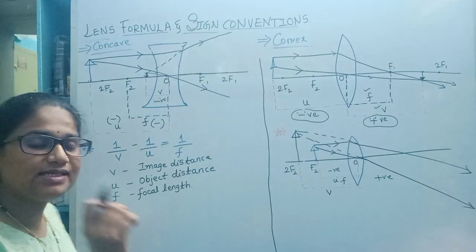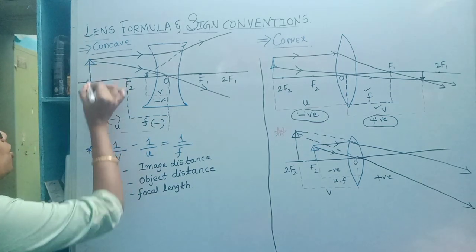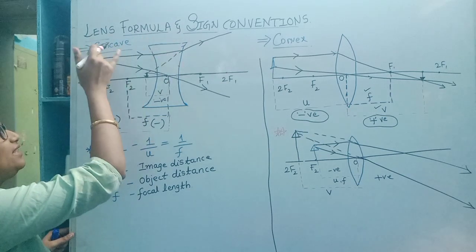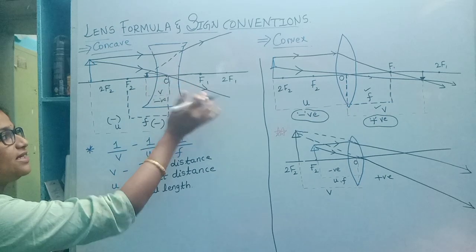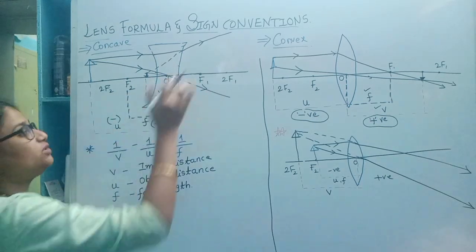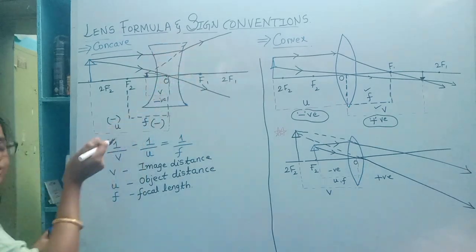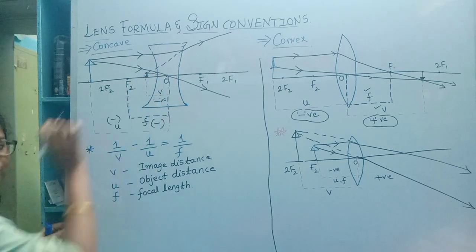Now, let us consider the same thing in a concave lens. Let us consider an object placed at a certain distance, a parallel beam of light, and a ray of light incident through the optic center. We know that the rays will diverge. When we extend those rays back they will meet at a point, and that point is where the image is formed.